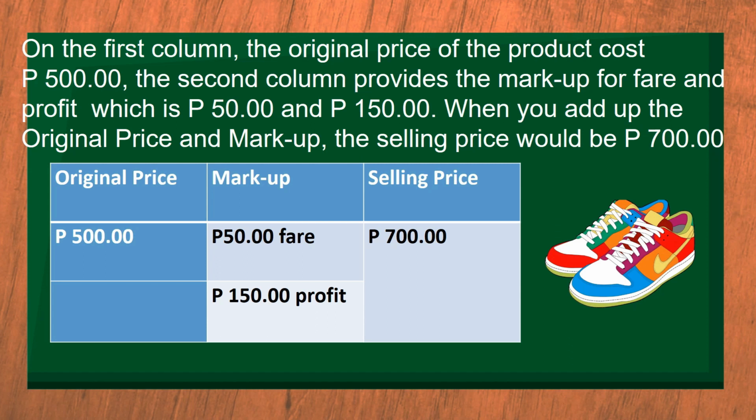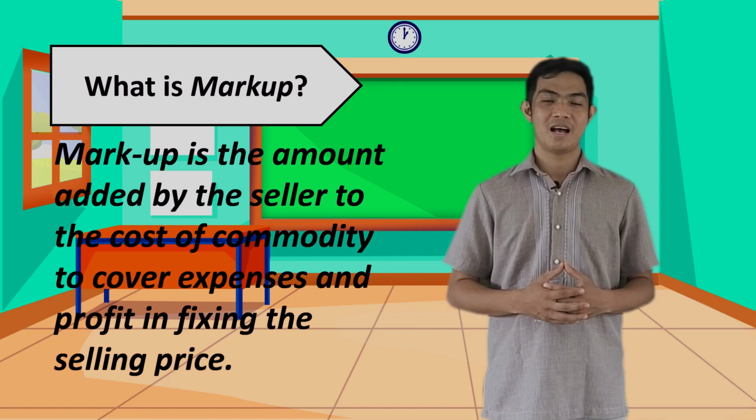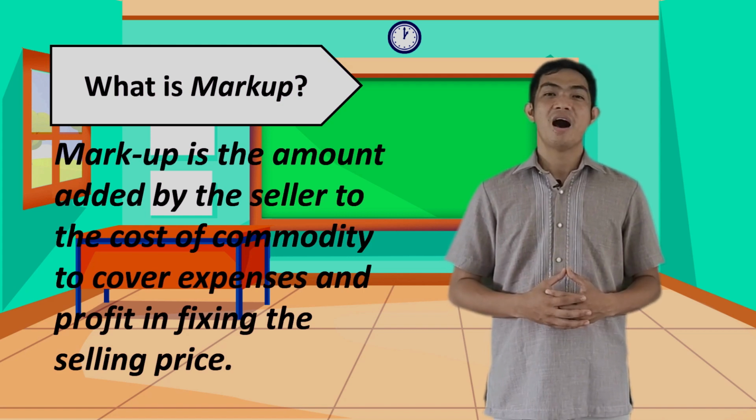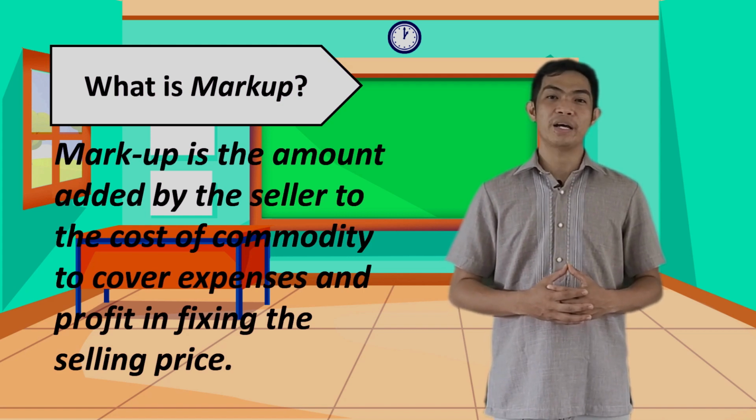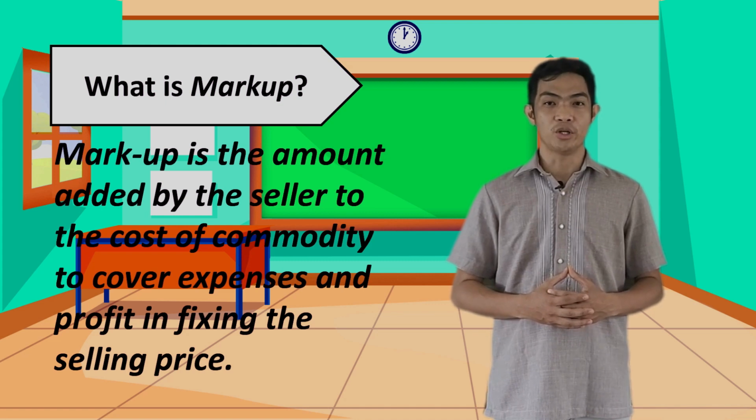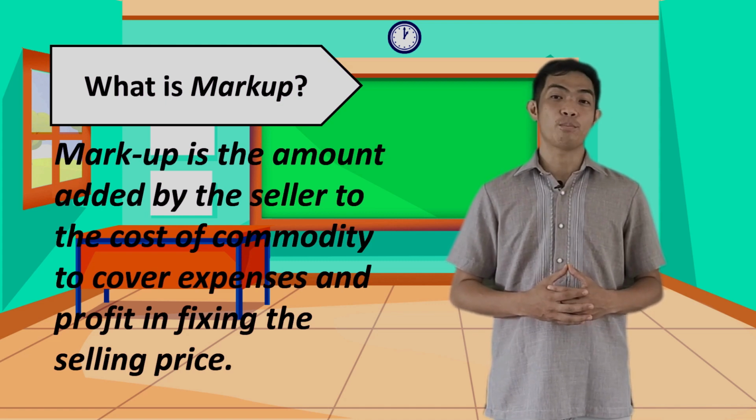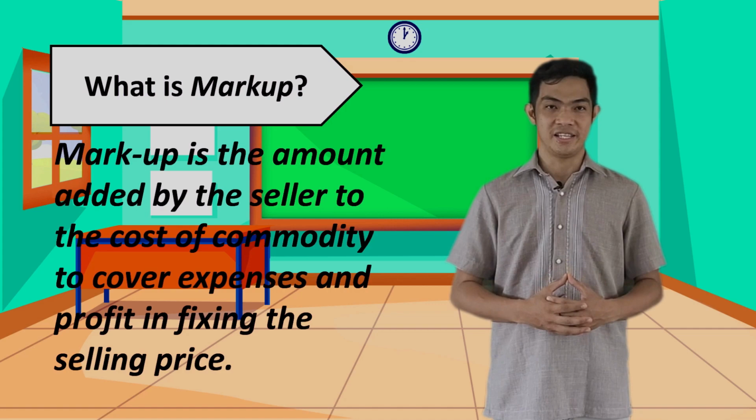The second column provides the markup for fare and profit, which is 50 pesos and 150 pesos. When you add up the original price and markup, the selling price would be 700 pesos. What is markup? Markup is the amount added by the seller to the cost of commodity to cover expenses and profit in fixing the selling price.